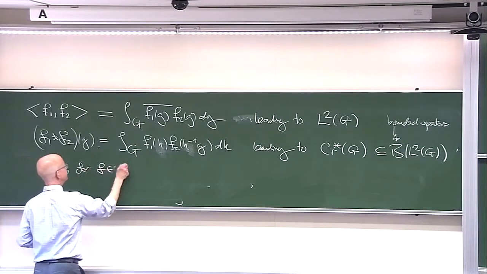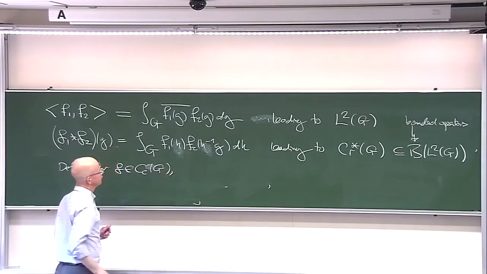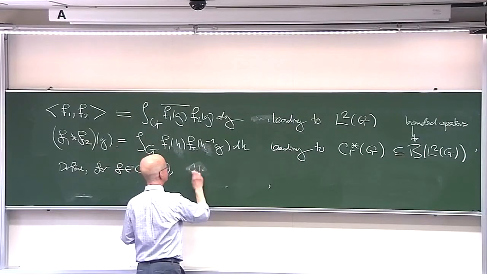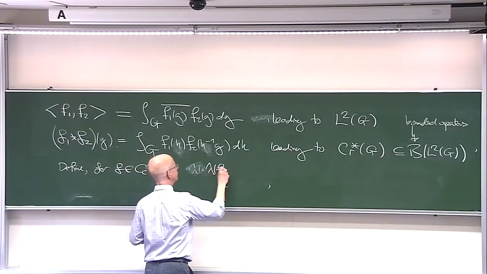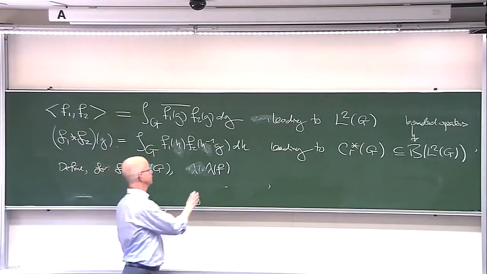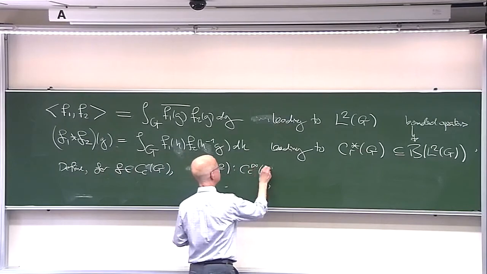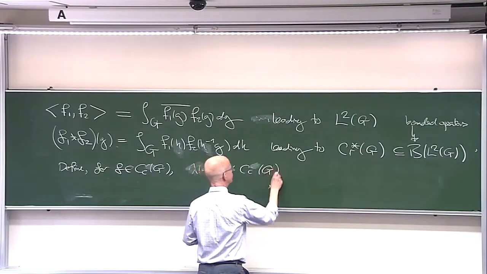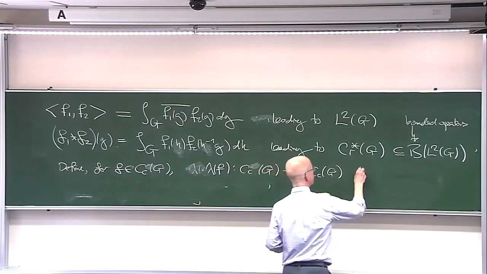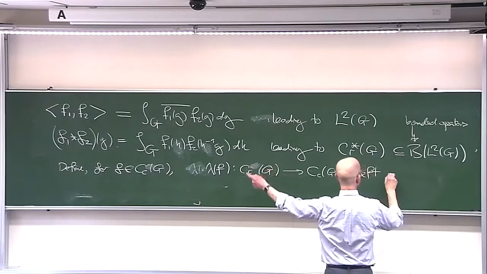Here's what we do. I have a function f, then I can make an operator out of it in the following way. Lambda stands for left: just left application of f as a convolution, as up there, left convolution.